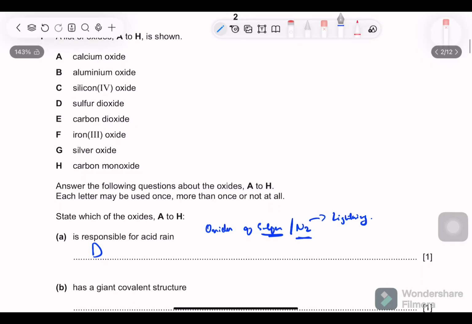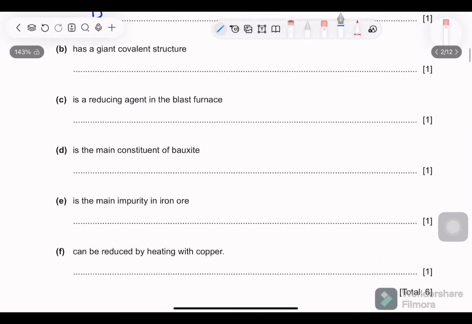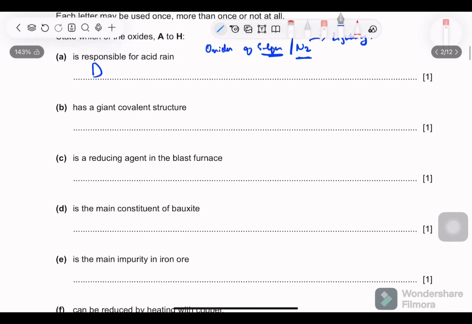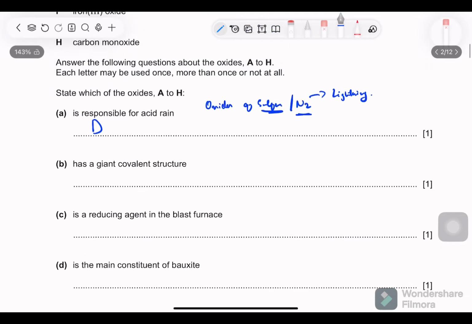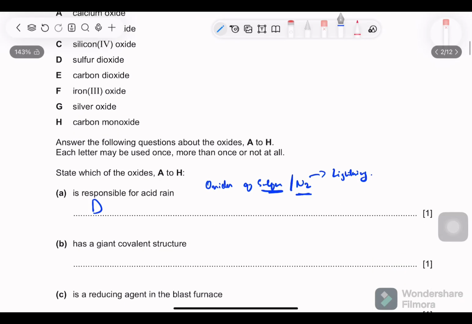Next, if I were to sum up this part A, B, C, D, E, F, it is 90% metals. You'll know soon enough. Part B has a giant covalent structure. We have three giant covalent structures with us: silicon dioxide, graphite, and diamond.